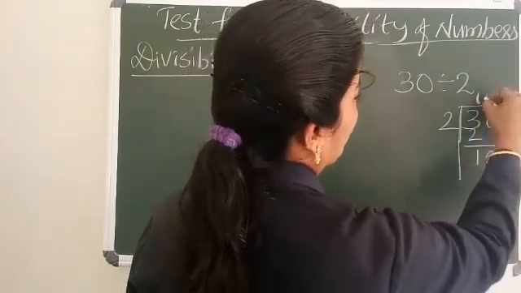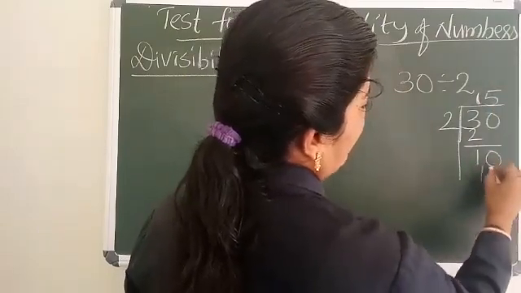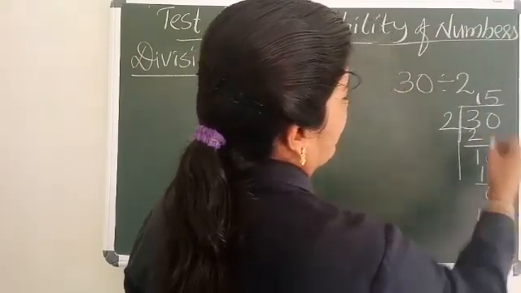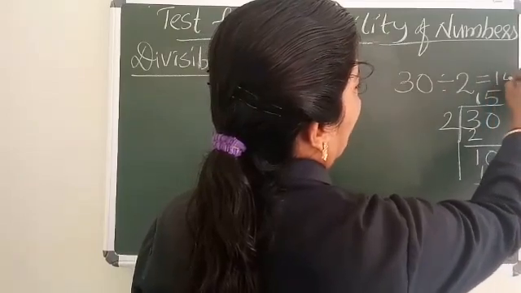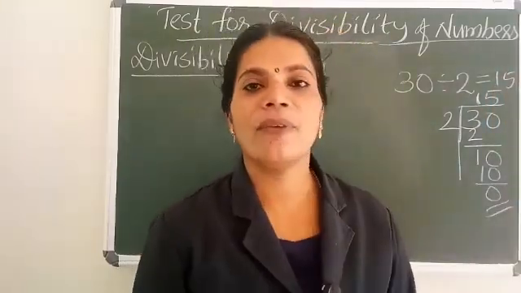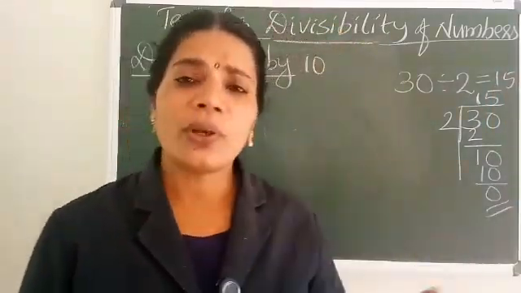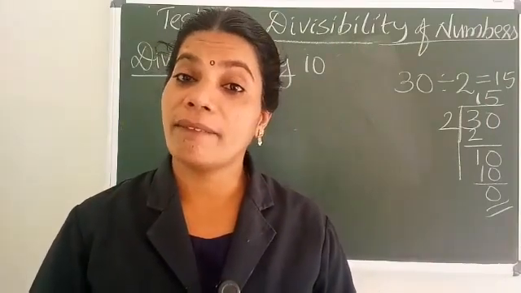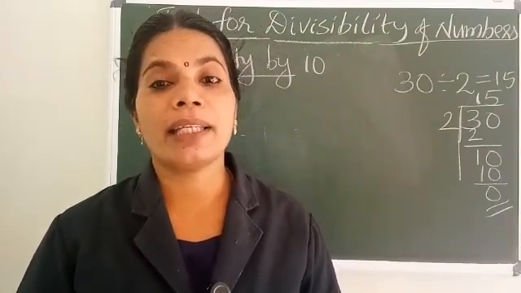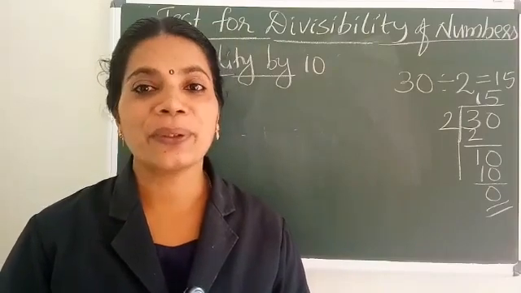Here 10 divided by 2 we get 5. Remainder is 0. That is, 30 divided by 2 is equal to 15.